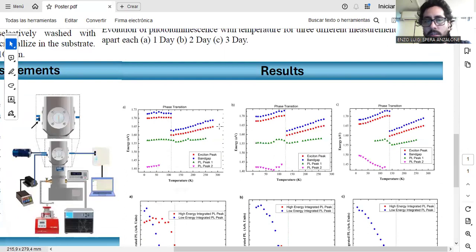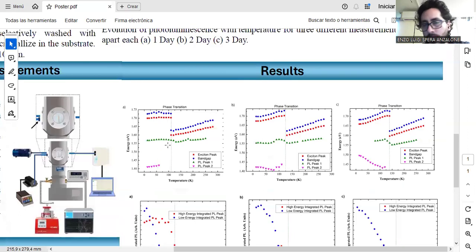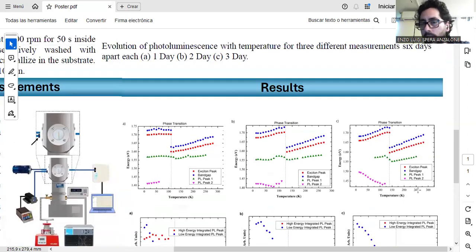Here we can see the position of the excitonic peak of the absorption in red. The band gap of the material is in blue here, and the photoluminescence peak is in green. Finally, in pink, we have the second photoluminescence peak that increases its presence and changes its behavior for the successive days of measurement.